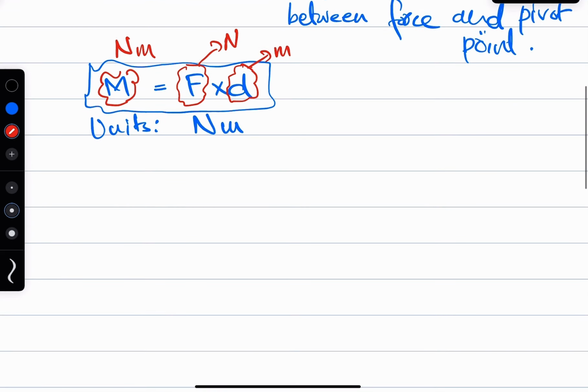So there is a principle of moment that is very important to solve any numerical problem.